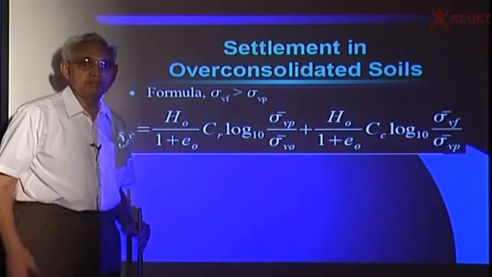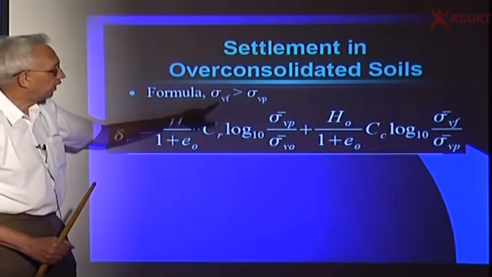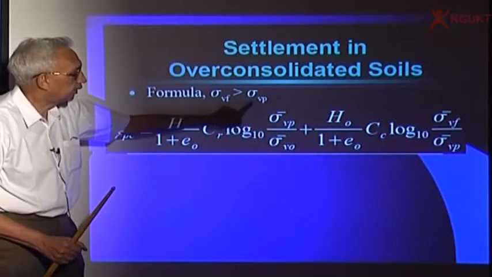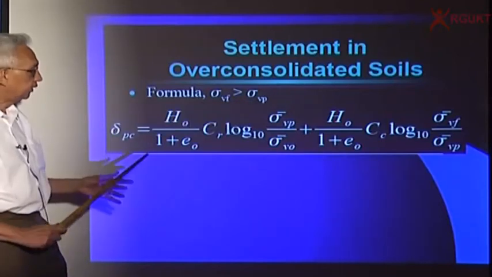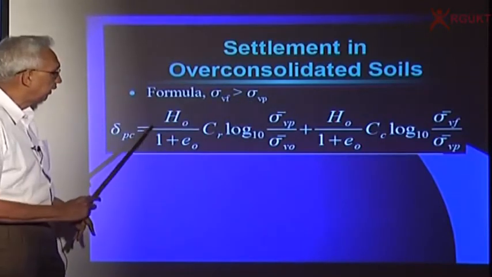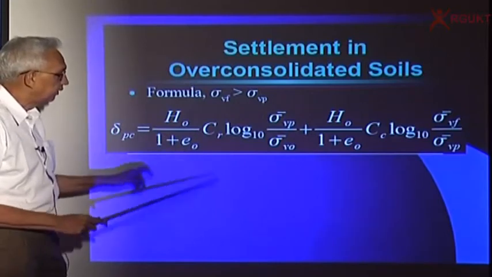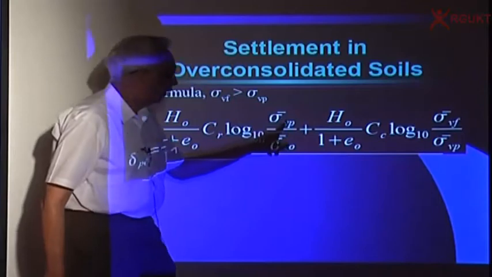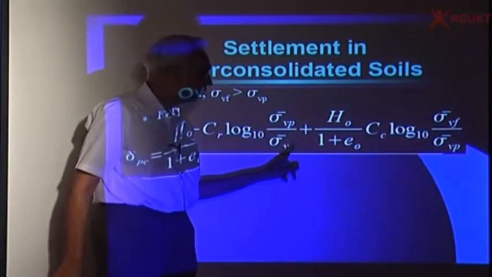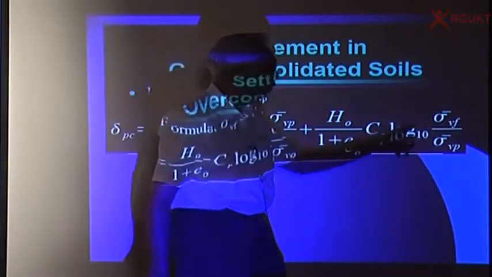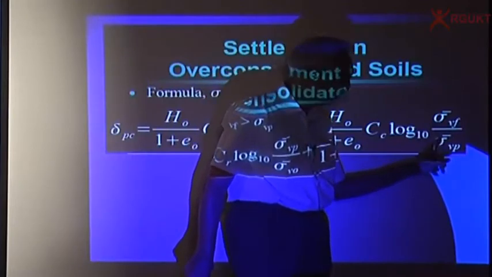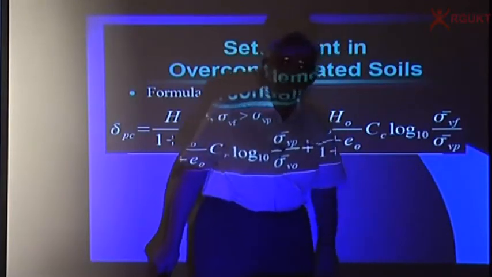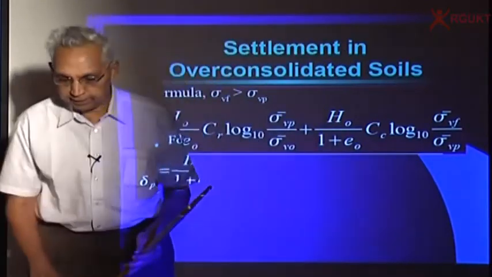And if you have over consolidated soil where the final effective stress is greater than the past maximum pressure, as I mentioned, there are two components: H naught by 1 plus e naught, CR, the reloading, log of maximum consolidation pressure by initial, plus CC into log of final stress divided by the past consolidation pressure.